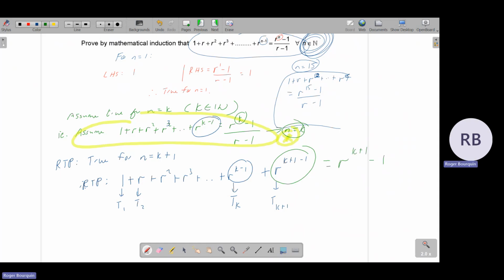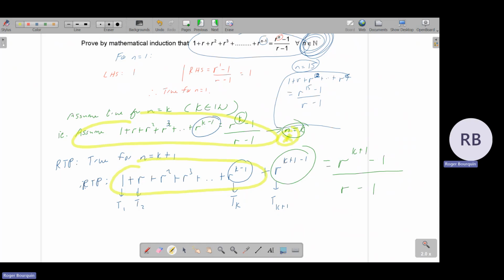R to the K plus 1 minus 1. No, because we're assuming it was true for the first K terms. That's what n is equal to K means. We're trying to prove it's then true for the next term, for K plus 1. Yeah, because remember, Emma, we want to keep this in our proof.